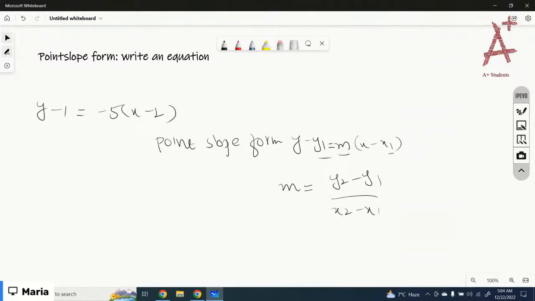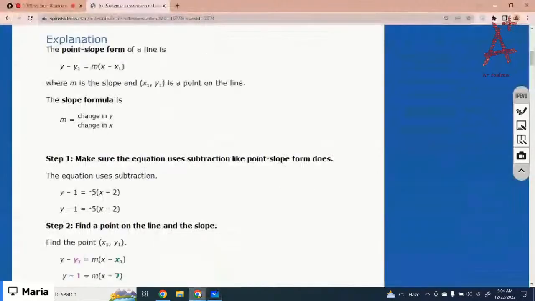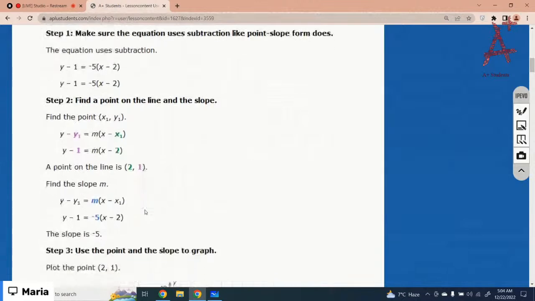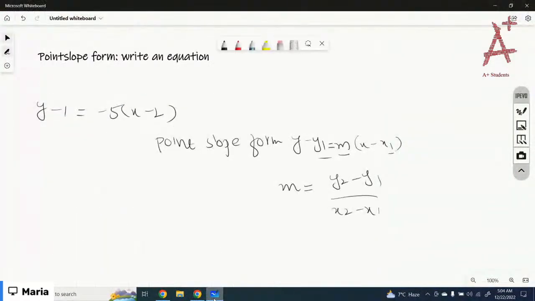Got it? So we have to find the point slope form, that is y minus y1 equals m into x minus x1. Got it? So first of all, we have to look for the equation slope. You are given the equation that is this one.